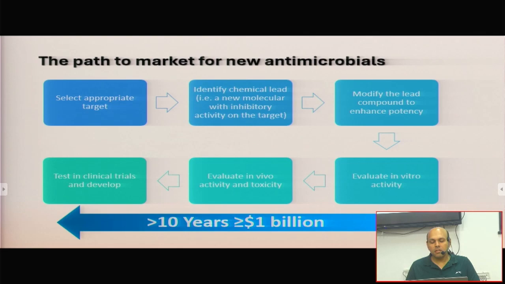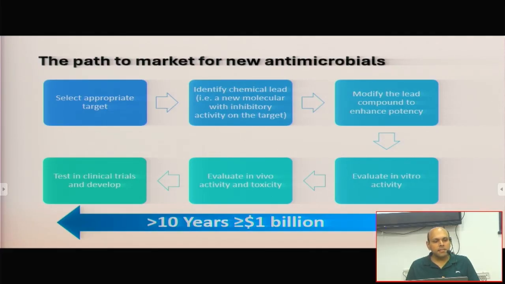So look at the activity in the lab through antimicrobial susceptibility tests and also cell lines, assess the activity on different cell lines as well. Then evaluate in vivo activity and toxicity, working with mouse models, for example.